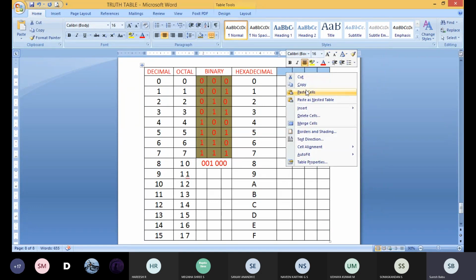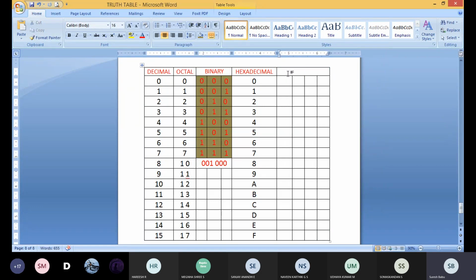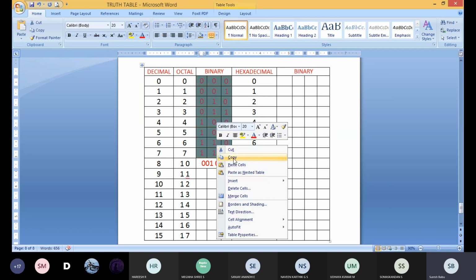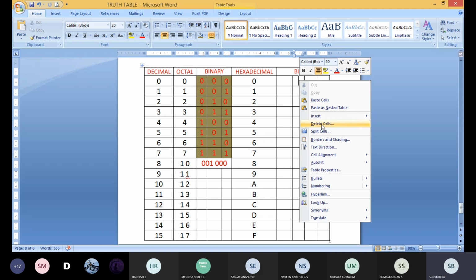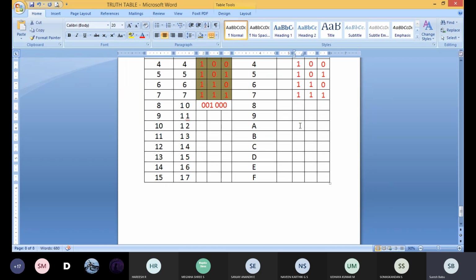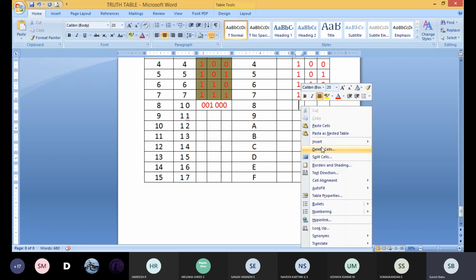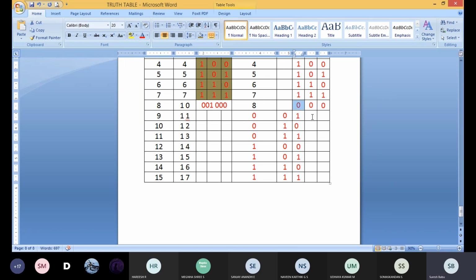So I'm going to make it as a 4-digit number. So see here, this is binary of hexadecimal. Okay. So what I'm going to do is copy paste these 8 numbers 2 times. Okay. So first I'm going to copy here, then again here. Okay. Next 8 numbers.